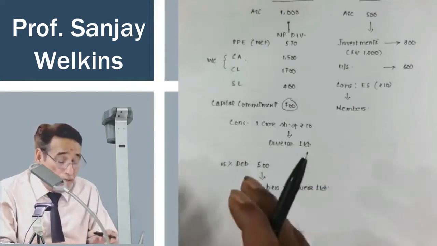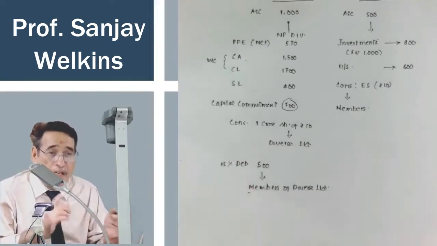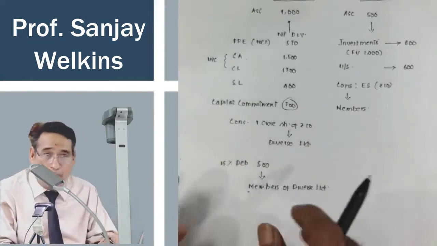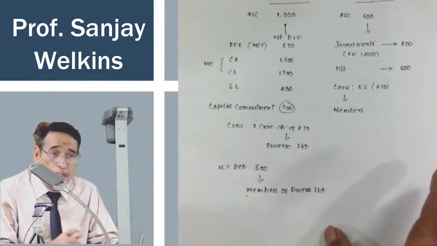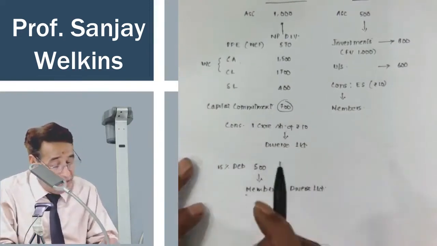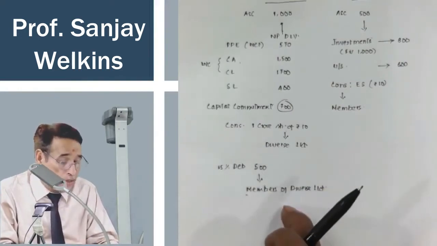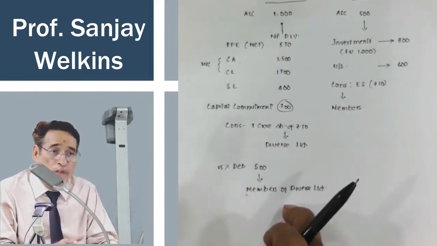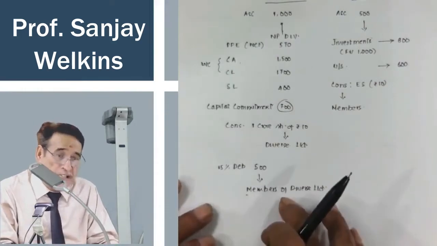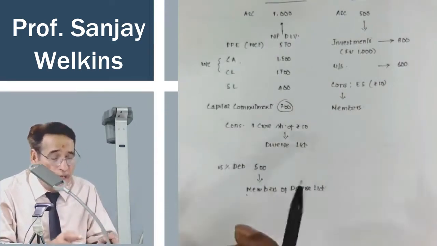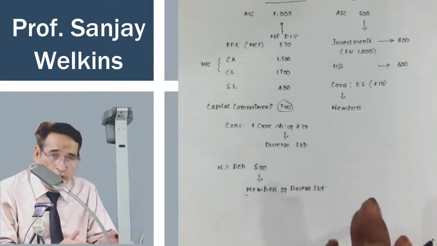But whenever payments are made, Diverse Limited comes into the picture. That is the reason Diverse Limited will have to pass the entry. Correct? So this transaction requires entries in the books of Sunrise Limited and in the books of Diverse Limited, because Sunrise Limited is issuing the debentures and Diverse Limited indirectly is investing into it.